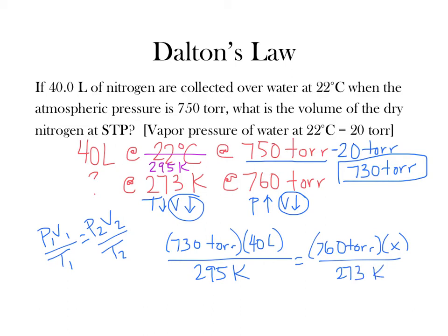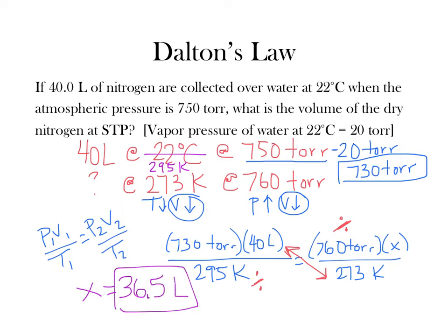When you're solving this in your calculator, you're multiplying the numbers that are across from each other that don't include the x, and then dividing by everything that's left. So you end up having 730 times 40 times 273 divided by 295 divided by 760. And hopefully your x is equal to 36.5 liters. That's your new volume.